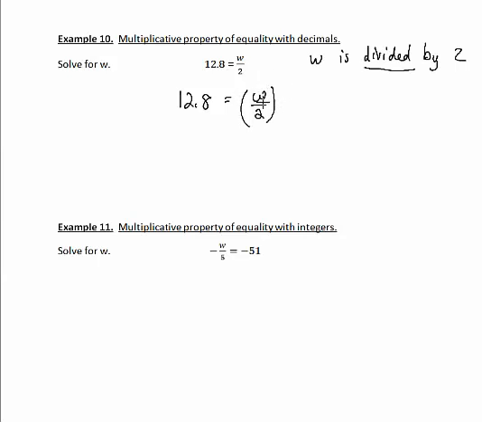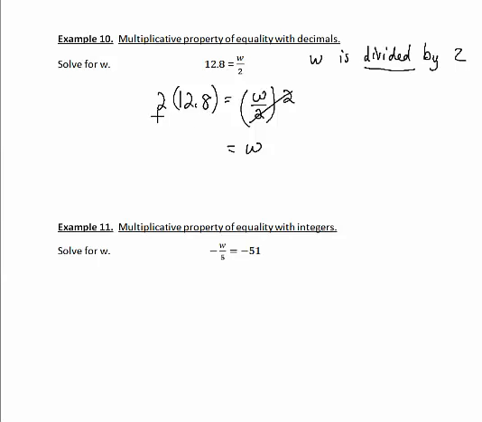So to write that out, I would place W divided by 2, or W over 2 in parentheses, with a 2 on the outside. And to show that I am carrying out the same operation on both sides, I put the left-hand side 12.8 in parentheses with a 2 on the outside of it. The 2's on the right cancel, leaving the W by itself.